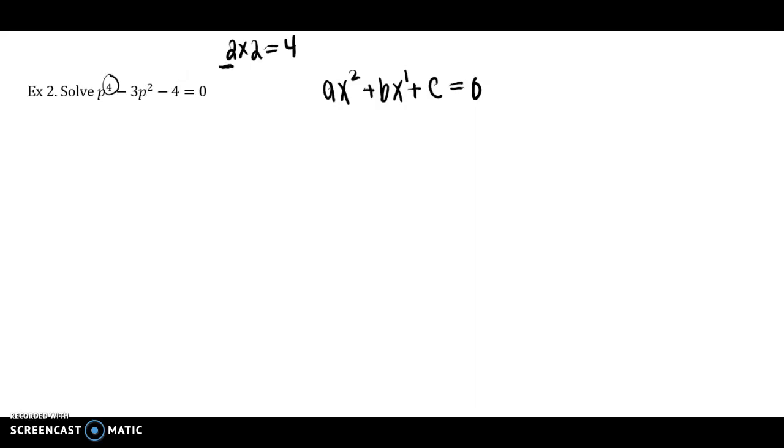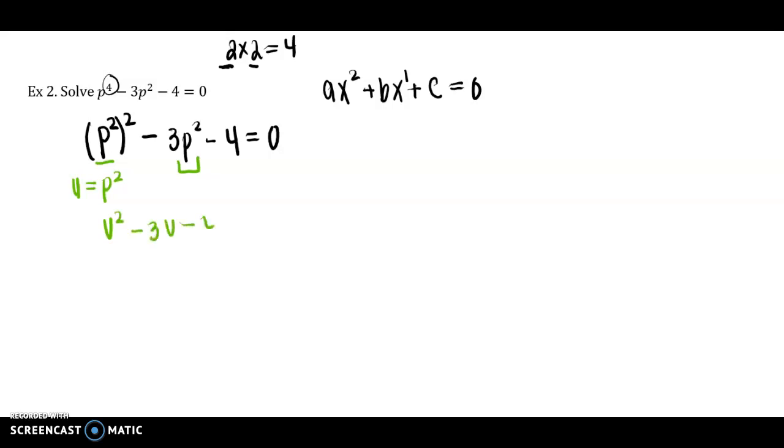Okay, so that first digit, you're going to take p and raise it to that first digit. And then you're going to raise that whole thing to the second one, which is always the 2. And then minus 3p squared minus 4 equals 0. So rewrite the rest of your equation. And then you set u equal to whatever's in your parentheses. So u is equal to p squared. And notice it's right here. And then it's right there. So u squared minus 3u minus 4 equals 0.